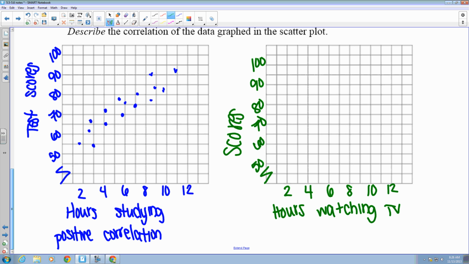And it's going to be the opposite direction. So if I had to say what the correlation of this was, I would say that it would have to be a negative correlation.